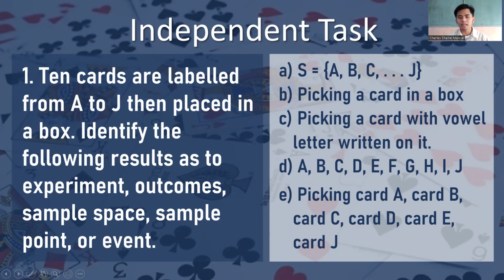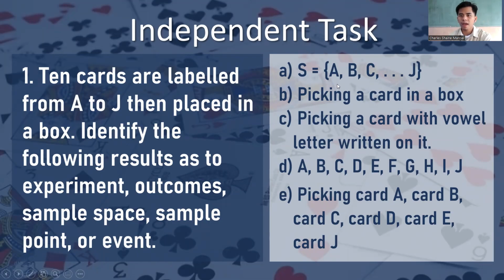Now we will just identify the following results as to experiment, outcome, sample space, sample point, or event. Itong given natin dito, itong A, B, C, D, and E, we will just determine kung alin ba dito yung experiment, alin dito yung outcome, alin ba dyan yung sample space, the sample point, and kung alin ba dyan yung event. Alright?